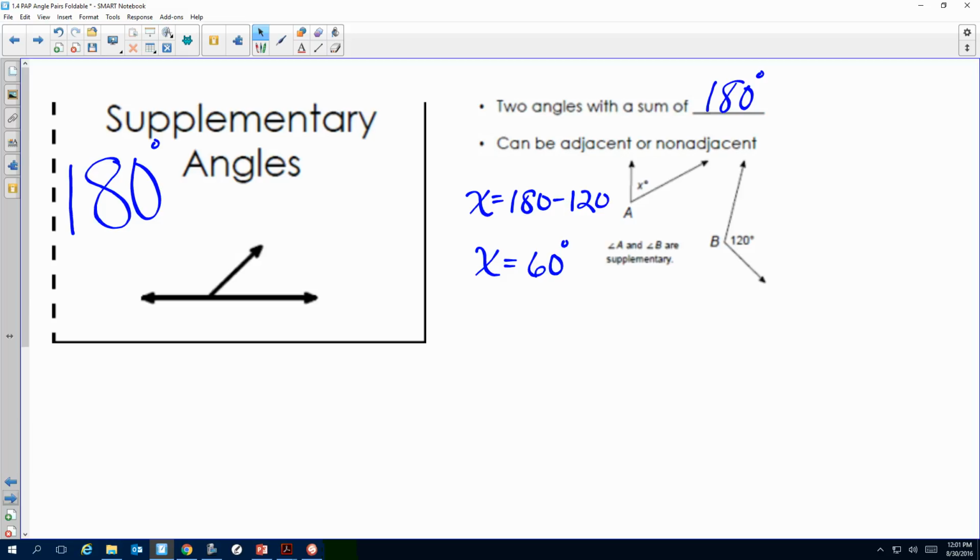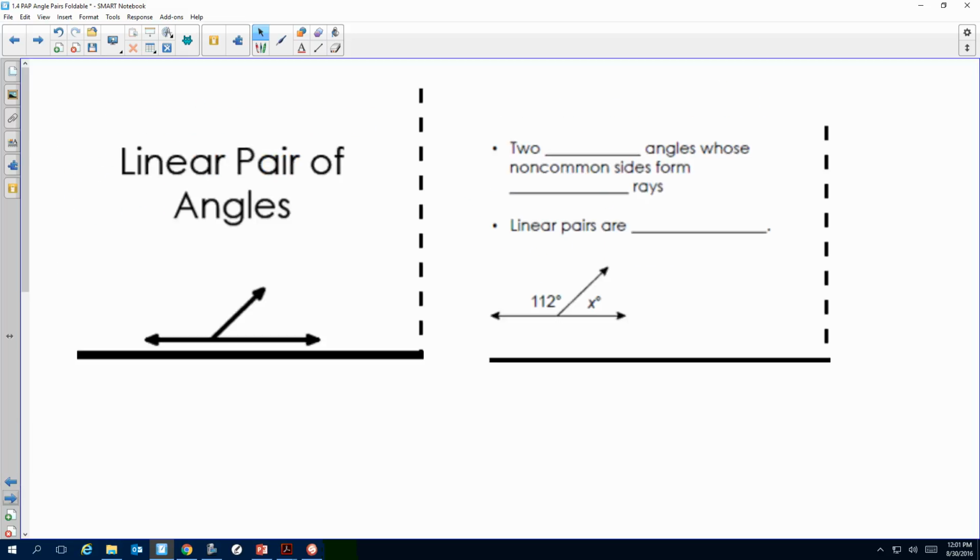Next angle pair, linear pair. Linear pairs are two adjacent angles. They have to be adjacent to be a linear pair. Two adjacent angles whose non-common sides form opposite rays.